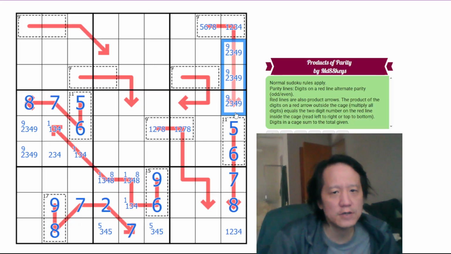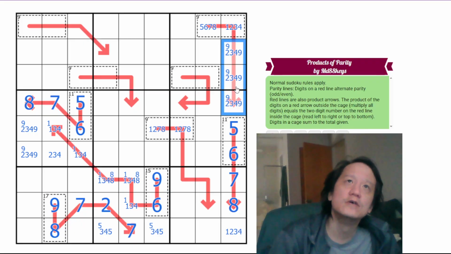239 would mean it multiplies to 54. 249 multiplies to 72, but you're guaranteed a 2 here, so this can't be 2 then. They can't have 72. 349 multiplies, it's too big. It's not a 2-digit number. So it's 12 times 9, which would be 100.